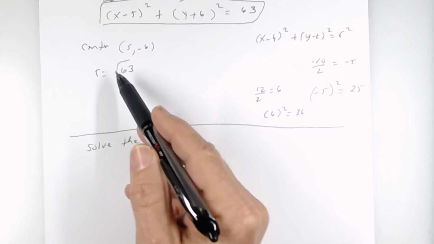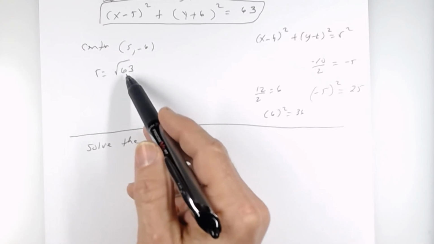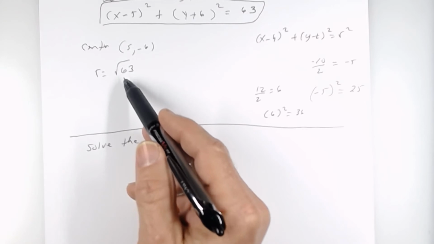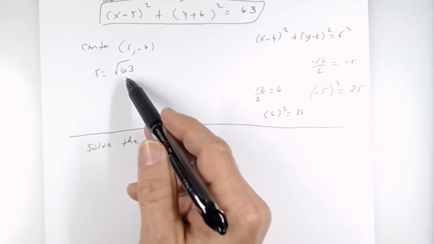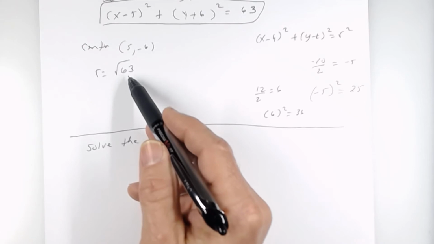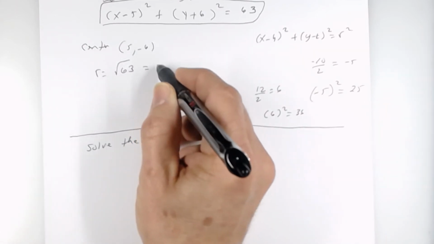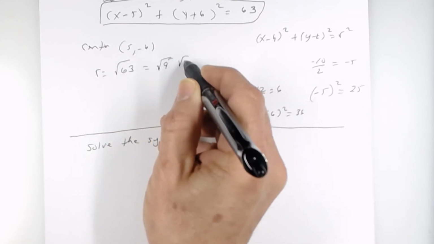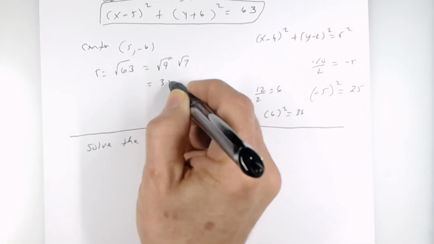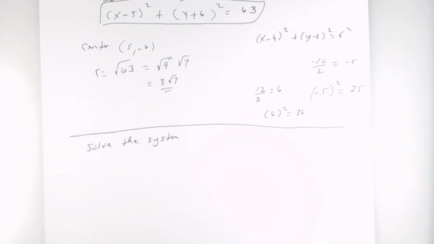Yes. Square root of 63 would be 3 square root of 7, because 9 and 7. Yes, you're right, thank you. Square root of 9 times square root of 7, so that'll be 3 square root of 7.